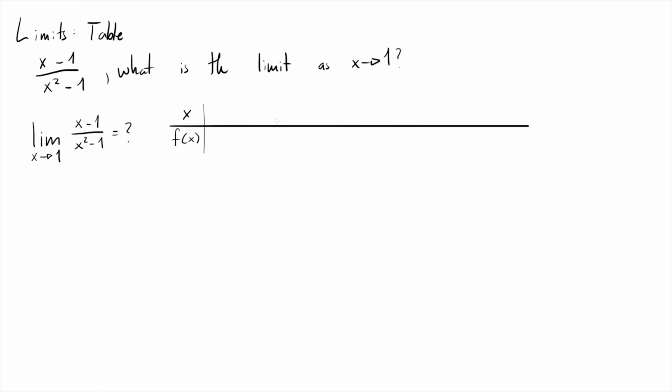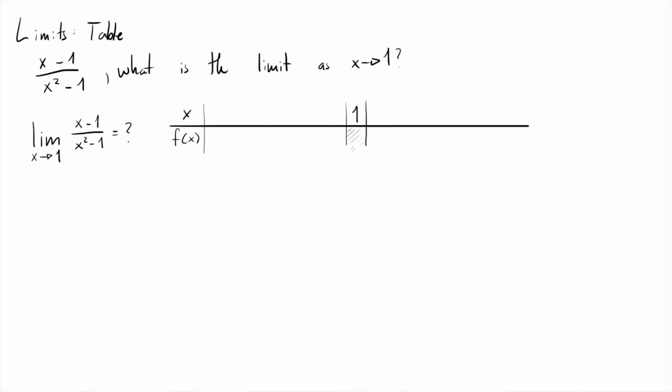In the middle here, we are going to have the x value of 1, because again, we are approaching 1. That's going to be right in the middle, and we don't really care what happens exactly at 1, we just care what happens as we get really close to 1 from the left-hand side and the right-hand side. At 1, we don't really care what the value of f of x is.